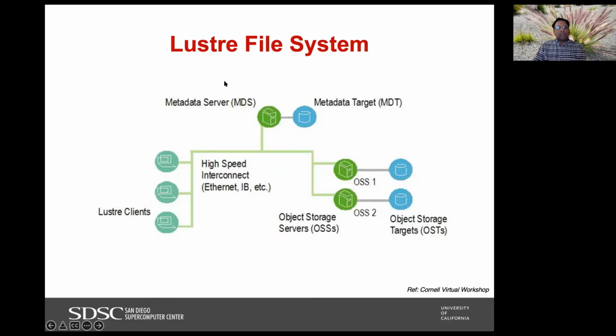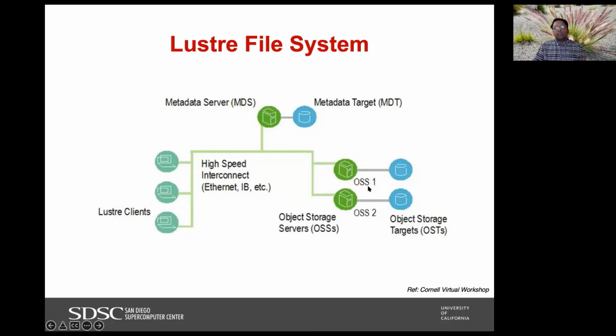The Lustre file system will typically have a metadata server and a metadata target, and I'm going to talk about Expanse specifically a bit later because we have more options there. Typically it's connected using a high-speed interconnect, usually InfiniBand or high-speed Ethernet, but typically InfiniBand, to Lustre clients, which are the compute nodes and the GPU nodes that I was talking about.